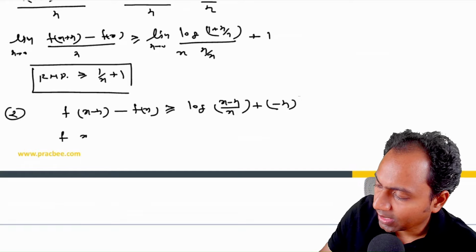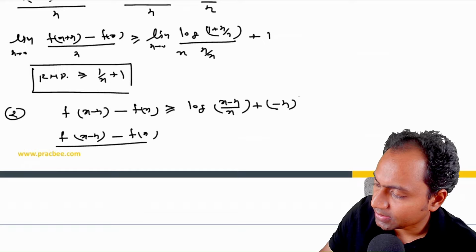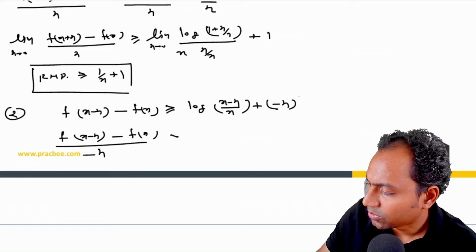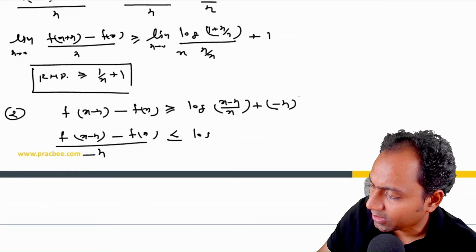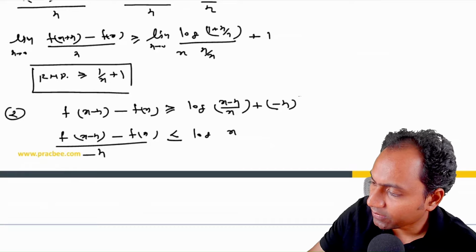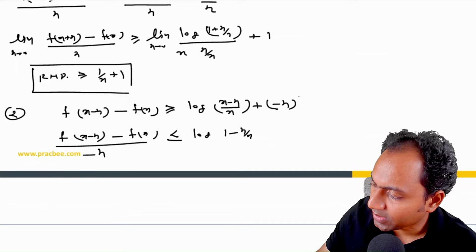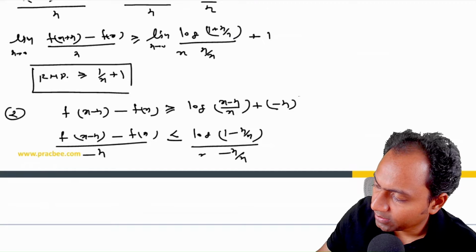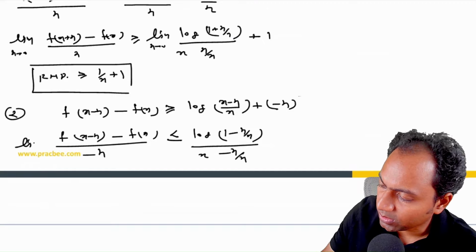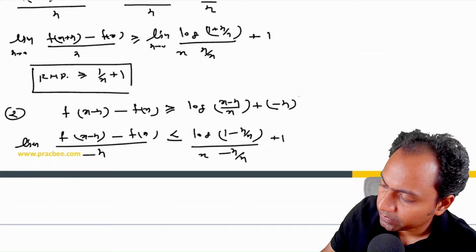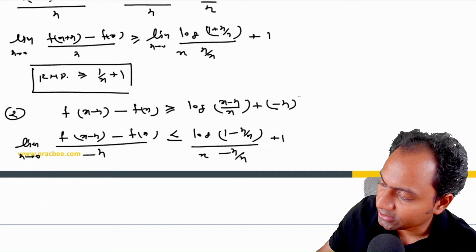Now I will have to divide by this minus h, and if I do so, you can see that this inequality sign will get flipped, and what I have got here is nothing but 1 minus h by x by minus. We can divide and multiply by x. Now if I put the limiting value here, that is h tends to 0.